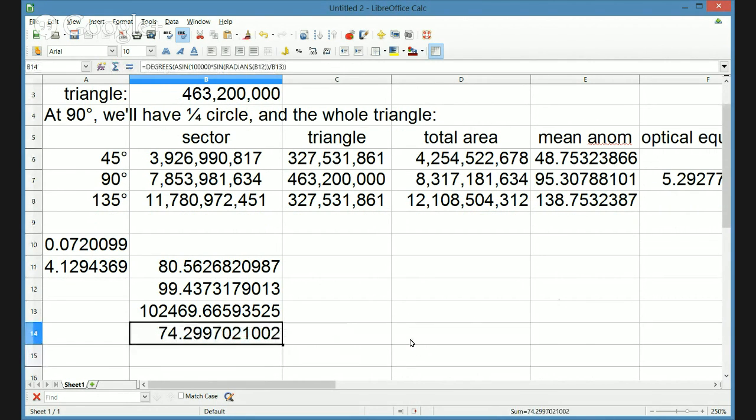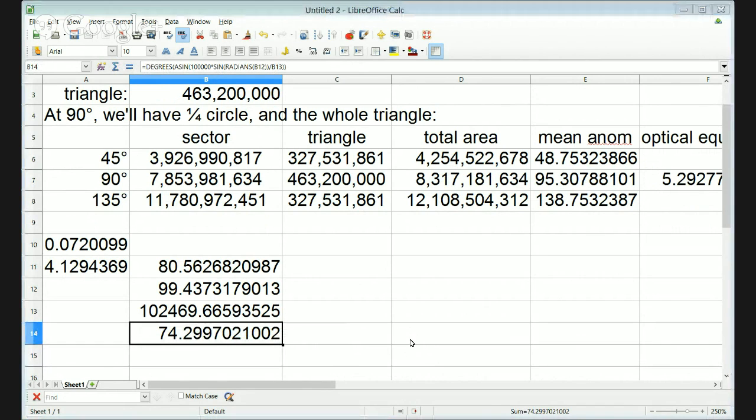Wow, and that's just definitely not right. Should have been 84 degrees.